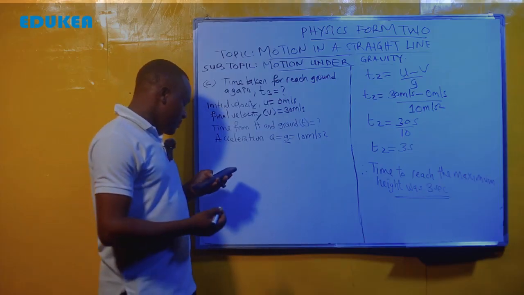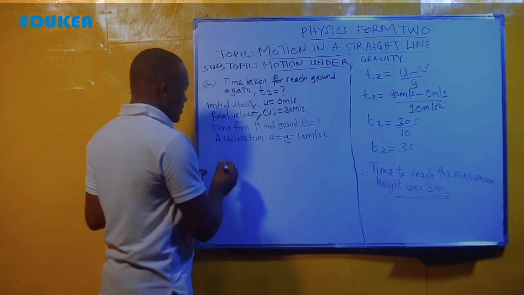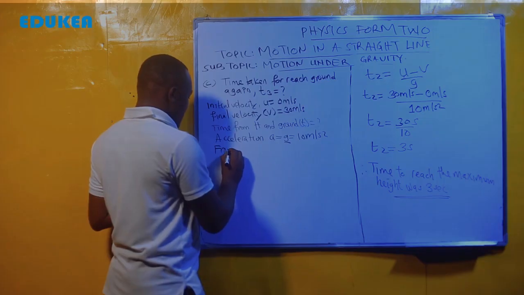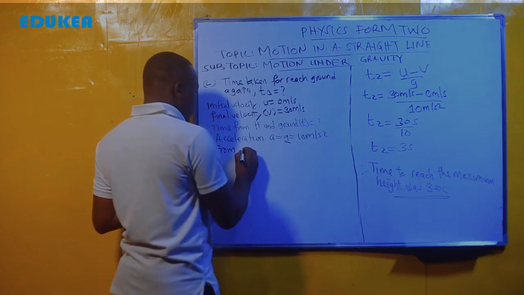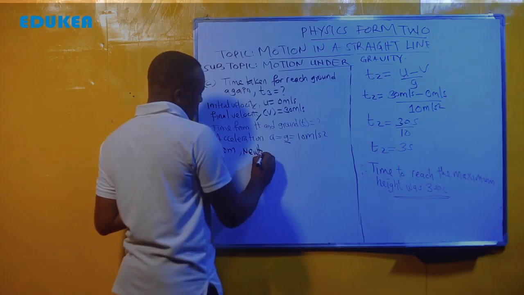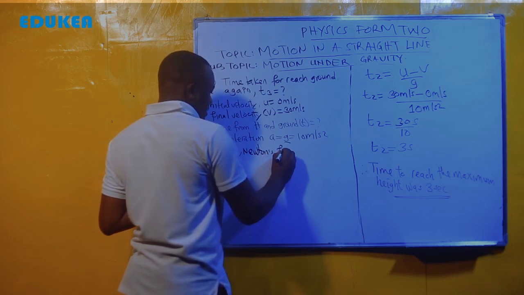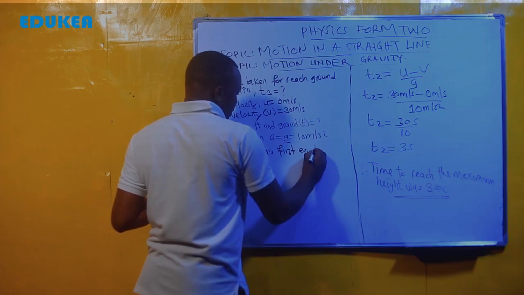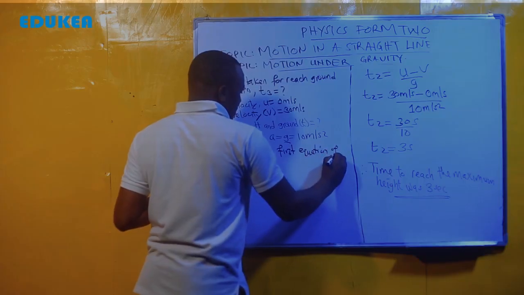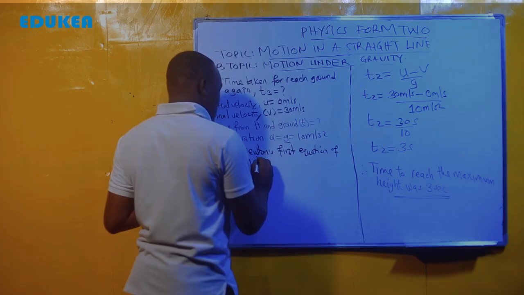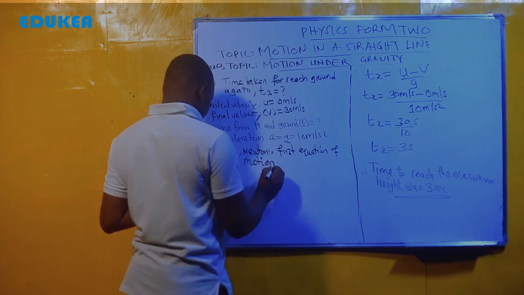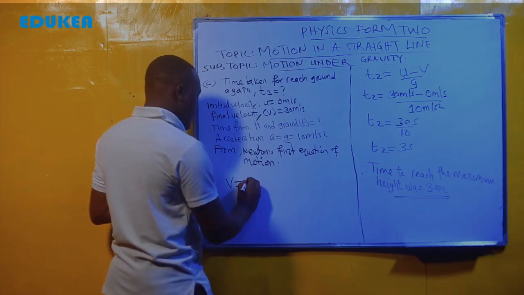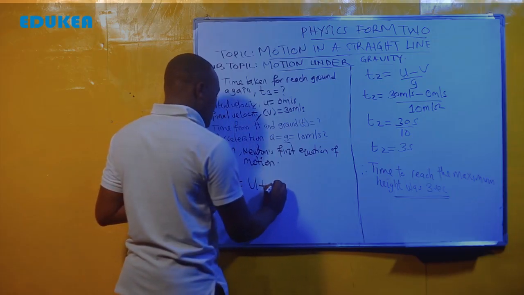Kwa hiyo tukiwa tunatafuta hiyo time tutasema from Newton's first equation of motion ambayo inasema v ni sawasawa na u plus gt.